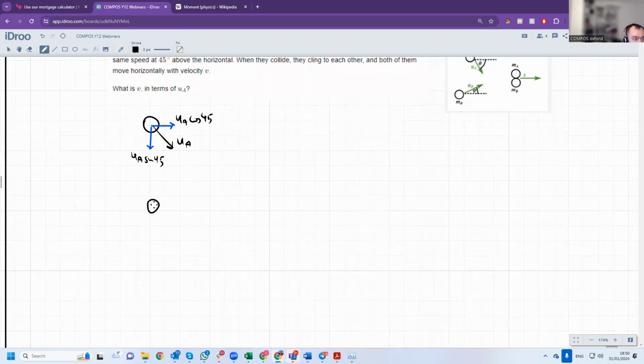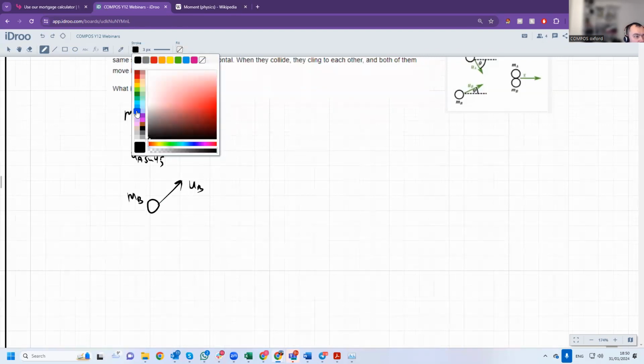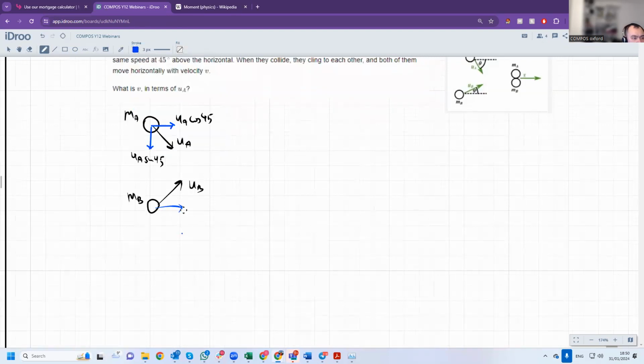The male skater, MB, is also UB, with UB cos 45 and UB sine 45. When they collide, they move together with velocity v. This is MA, this is MB.